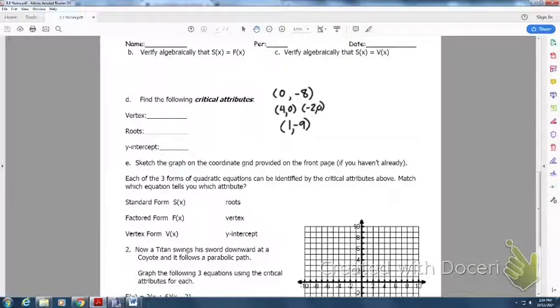So you have your y-intercept, your roots, and your vertex.